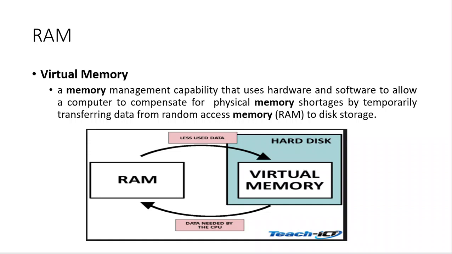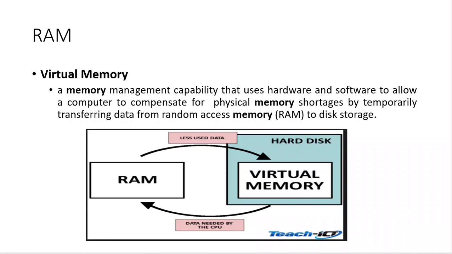Okay, disebabkan ketidakcukupan kapasiti dalam RAM, jadi dia terpaksa switch data yang diperlukan dengan data yang tidak diperlukan ataupun kurang diperlukan, dia akan switch dengan hard disk. Bila perlu bawa ke RAM, bila tak perlu pindahkan ke hard disk.